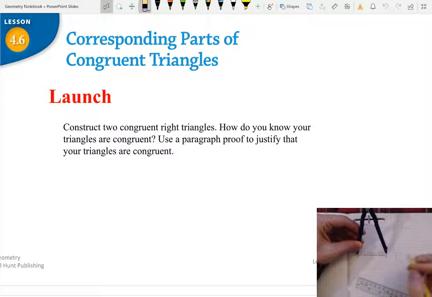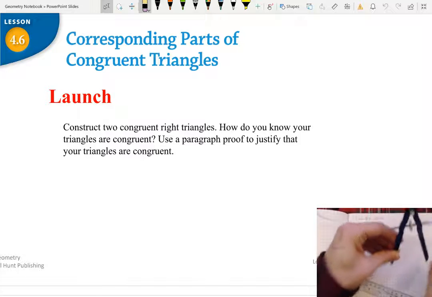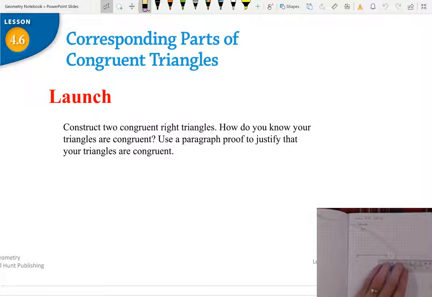I'll call it point X, and come over to point X and swing an arc. And then I draw a line segment from point X until I hit the arc. I'll call that point Y.